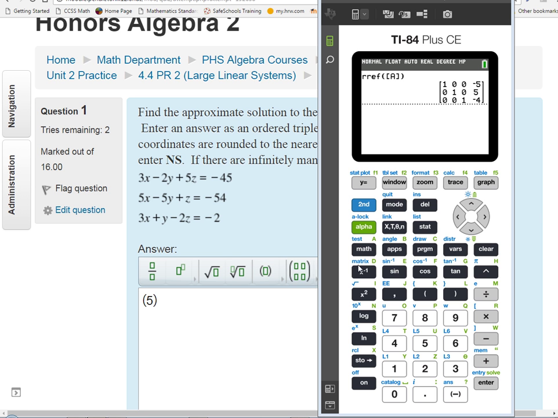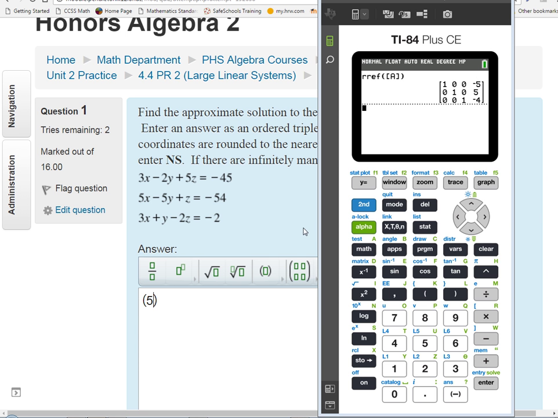Really all I've got to do is just look. If I get that distinctive look right there, where the first 3 by 3 part of the matrix looks like, we call that an identity matrix, and later on you'll learn more about this stuff. But if it looks like that, top left to bottom right are all 1s, everything else is 0s, then that means that the fourth column just represents the variables in order.